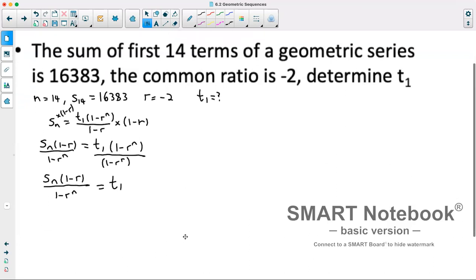At this point, we'll start filling in our values. So we have Sn, which is 16,383, times 1 minus -2 over 1 minus -2 to the power of 14 is equal to T1.